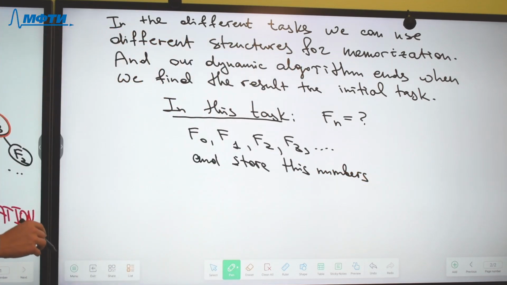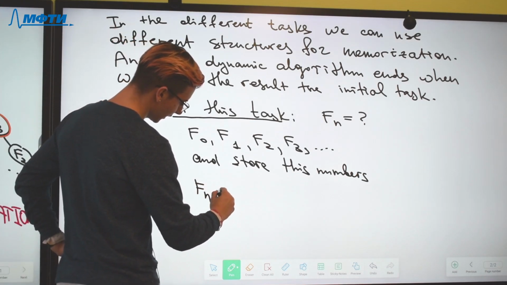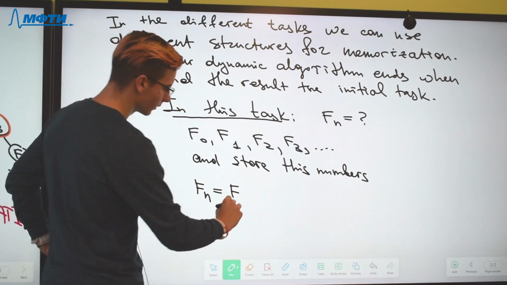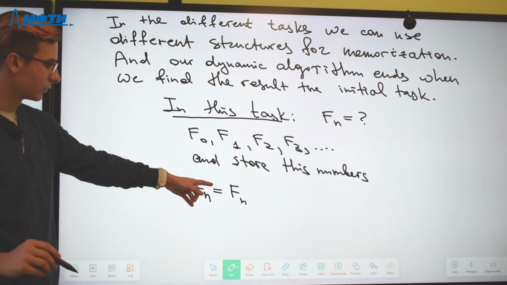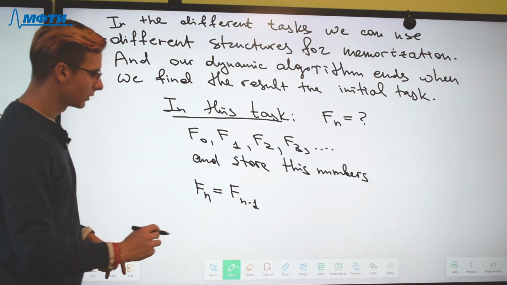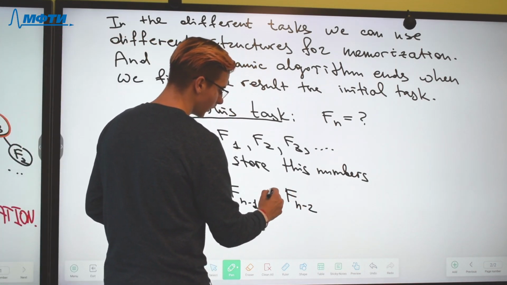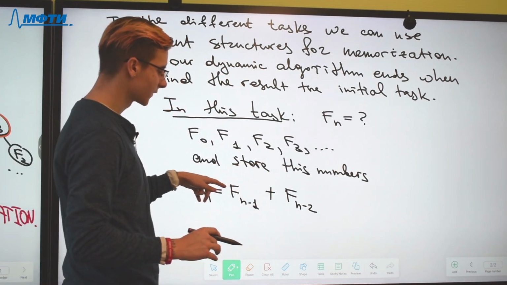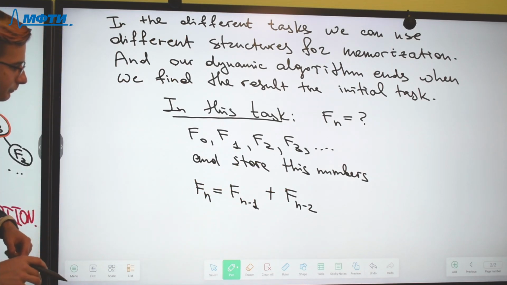So when we need to find Fn, f with index n, we can take the number f with index n minus 1, repeat it for f with index n minus 2, and find the sum of these two numbers.